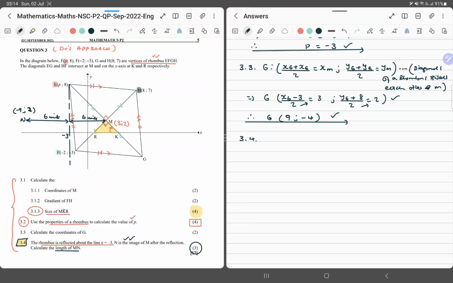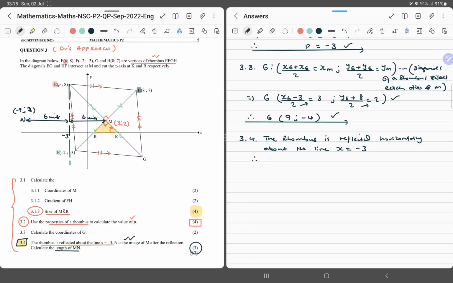Now, how are we going to do this? Well, we're going to say, let's look for the coordinates of N so that we make life easy for ourselves. We're going to say the rhombus is reflected horizontally about the line x is equal to -3.